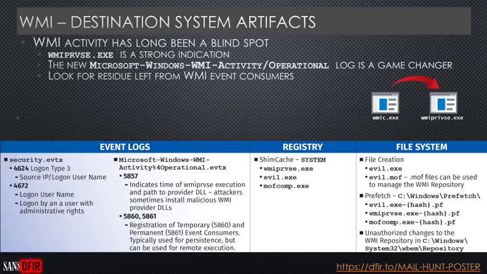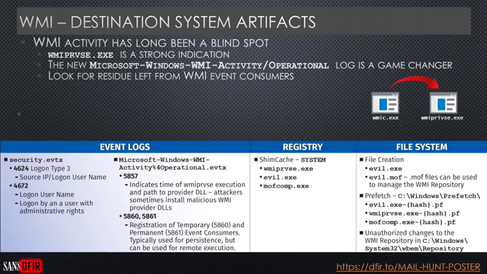In other words, which of the WMI providers, which provides the code for WMI, was launched. In some cases, attackers will install their own malicious WMI provider, so that could be interesting. But if nothing else, you basically get a timeline of WMI being run against the system.